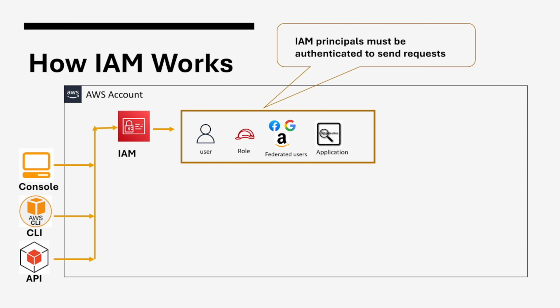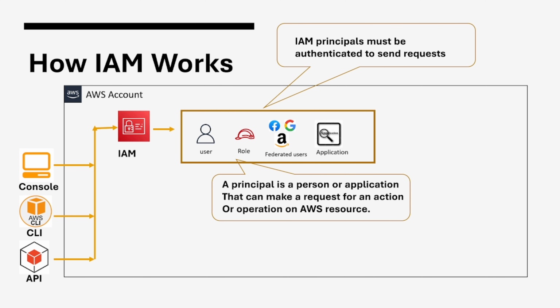So in IAM, we can create a user. What is a user? A user is a principal. That principal is authenticated to make actions and operations on any service. A principal is a person or an application that can make a request for an action or operation on an AWS resource.